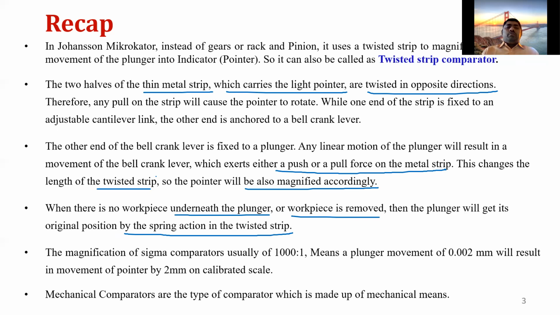The magnification of this Johansson microcator, d theta by dl, is proportional to the length of the strip and inversely proportional to the number of turns times the width squared.